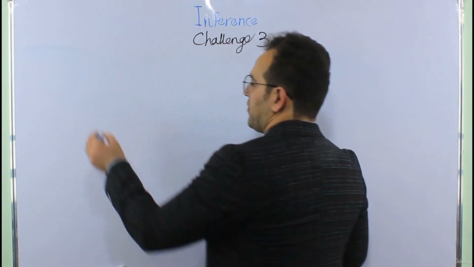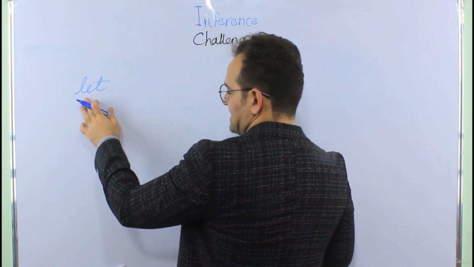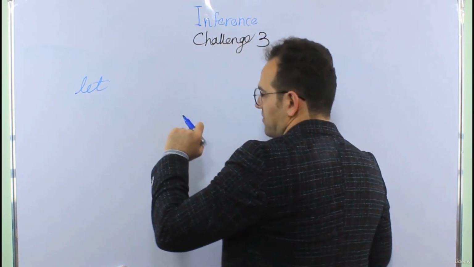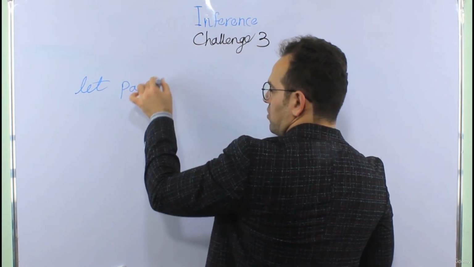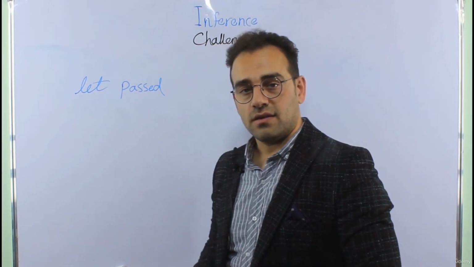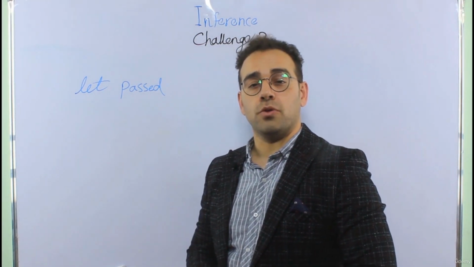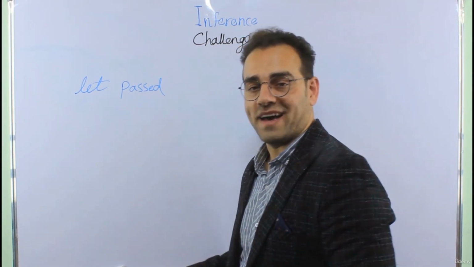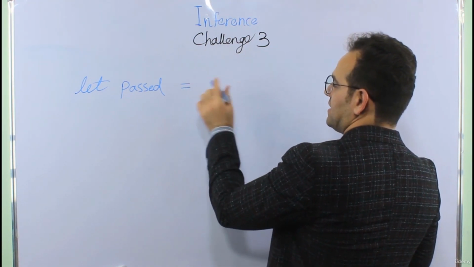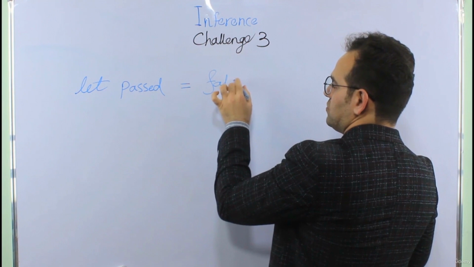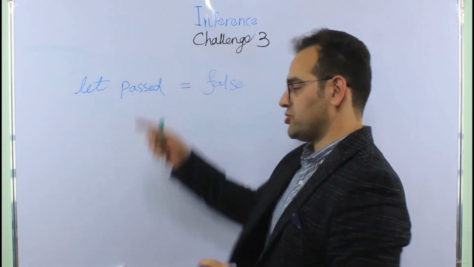First off, we're going to write the let keyword, since this is the keyword that is going to create a variable for us. The identifier for the variable is going to be pass, and we are going to assign the value of Boolean false to it.